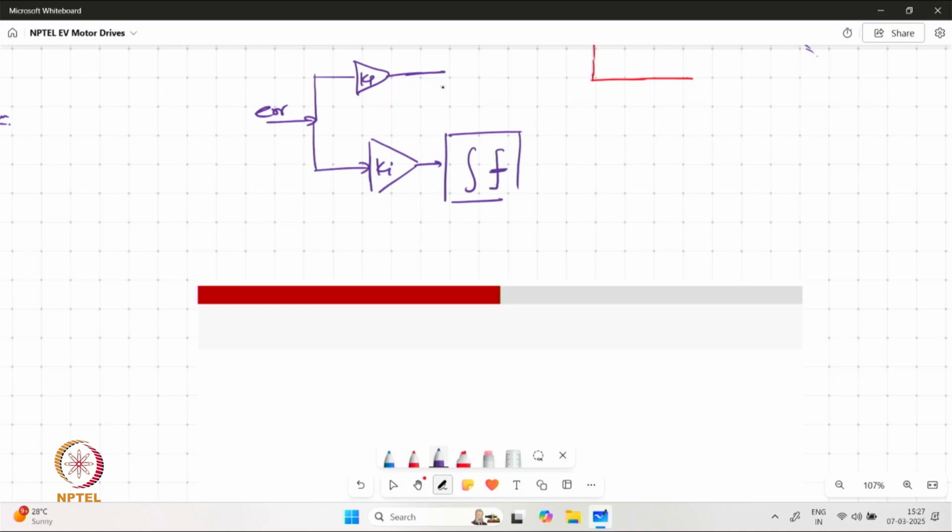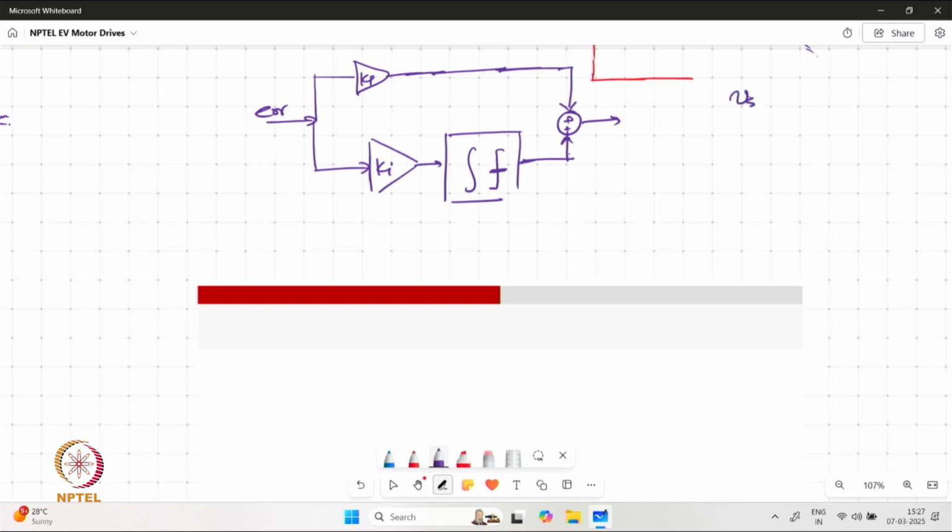We need to place a saturation limit or stop limit for the integrator within the block itself, and then these two signals can be added to provide the final output.